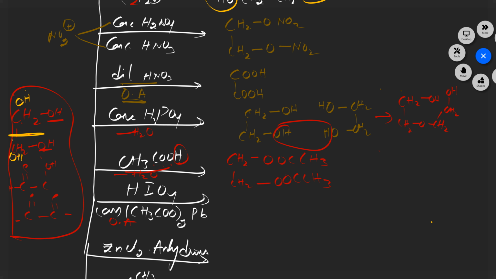HIO4 or H5IO6, or Pb(CH3COO)4, lead tetraacetate, in the presence of HIO4, is going to act as an oxidizing agent.